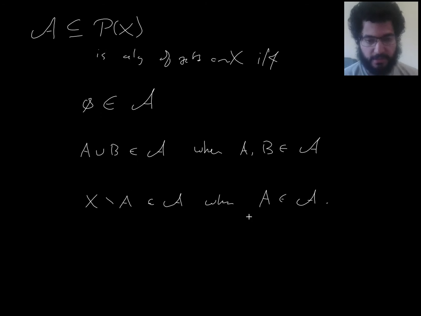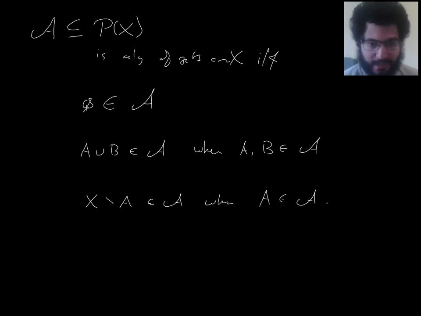So these three conditions, and of course, since it's closed under binary unions, it's closed under all finite unions by induction, and since it's closed under complements, you automatically get that it's closed under all finite intersections.